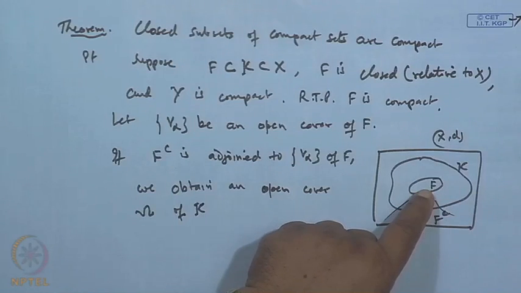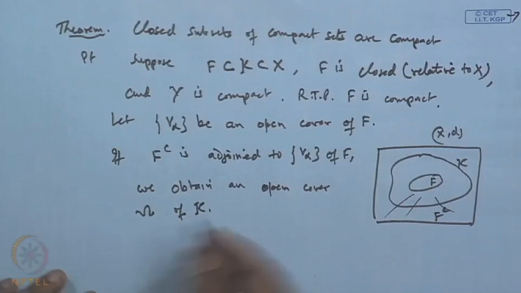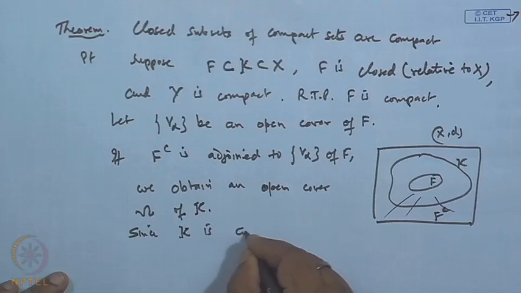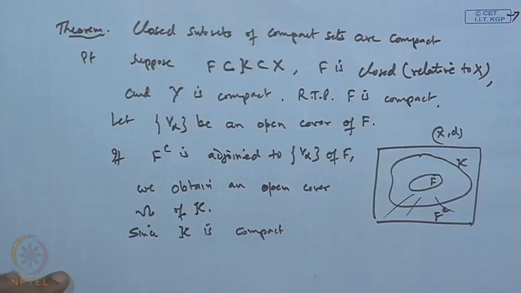Since K is compact, every open cover will have a finite subcover.